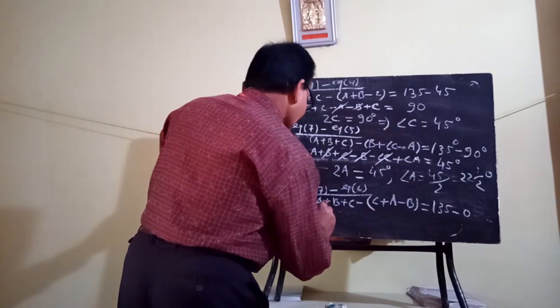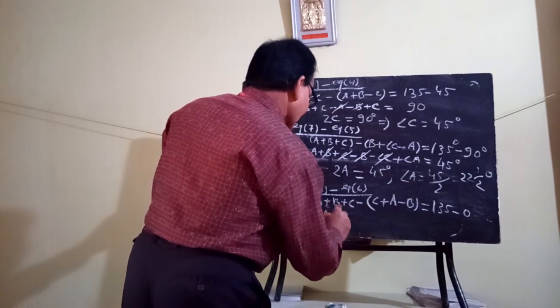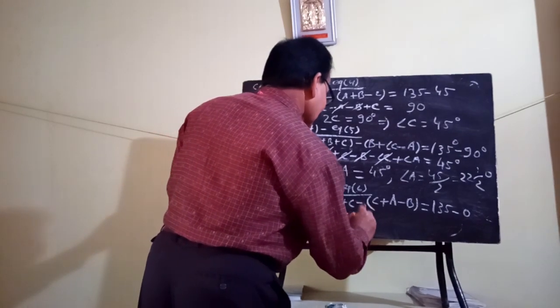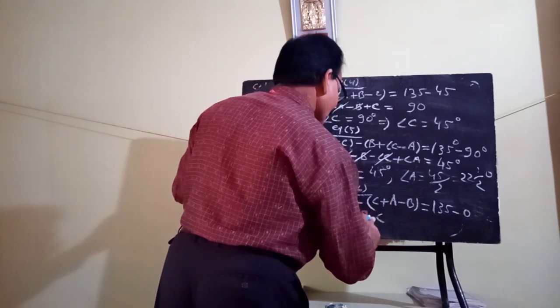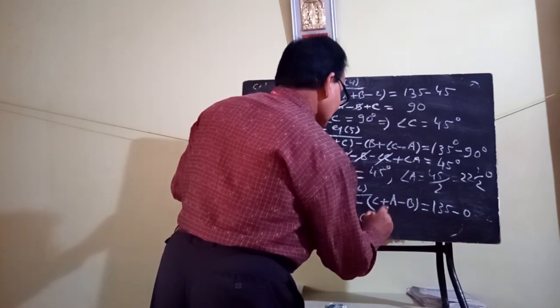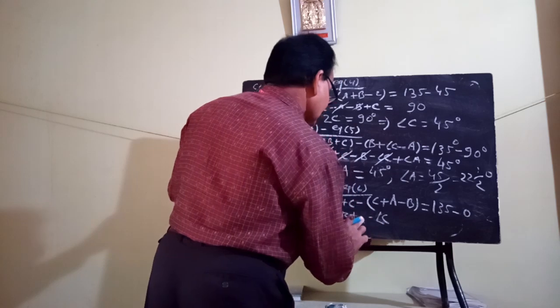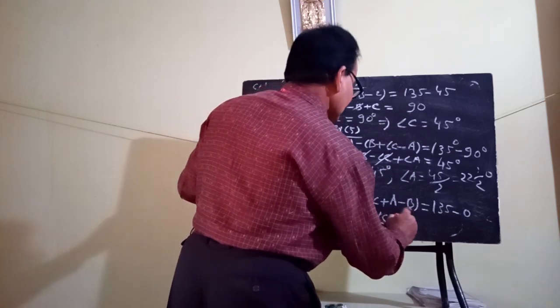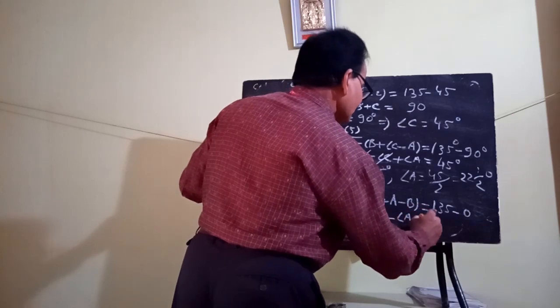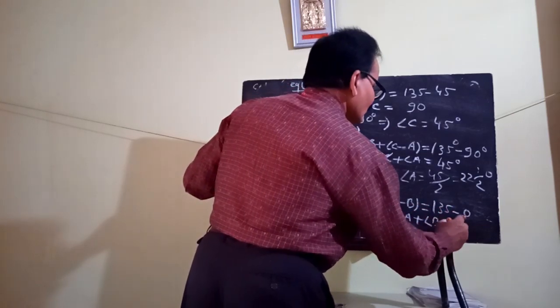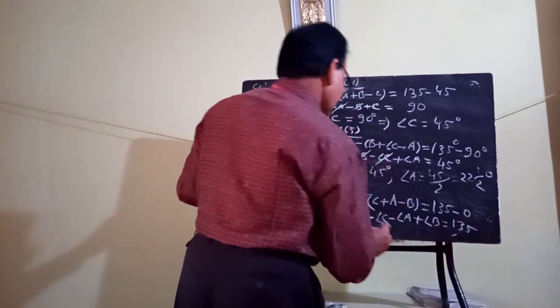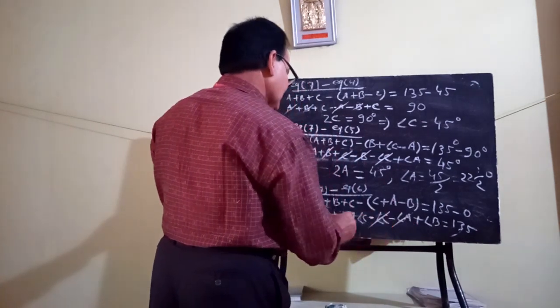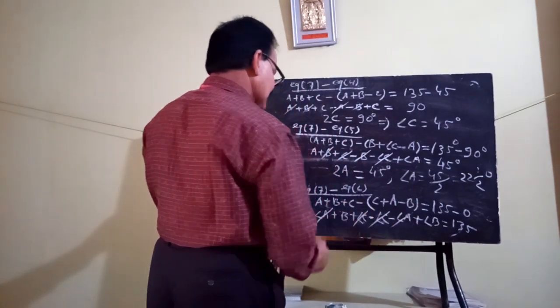So when you open the bracket, a plus b plus c minus c minus a plus b equals 135. You see A and C cancel.